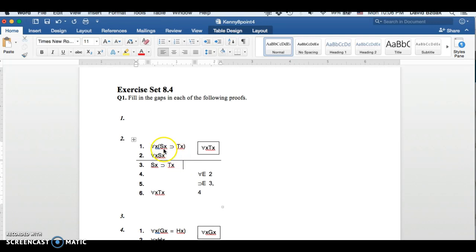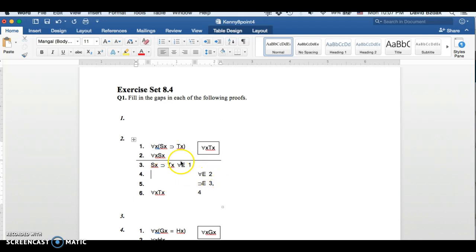So this we get from universal elimination of 1. We got rid of the quantifier, and we didn't exchange the x's for a's, and like I said, I'll explain that in a minute.